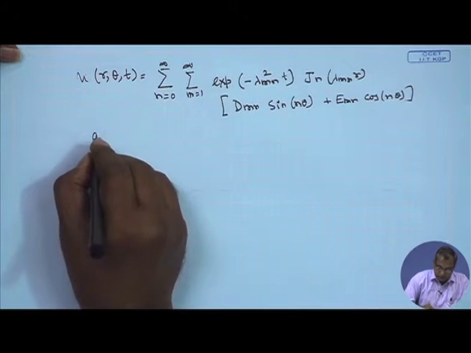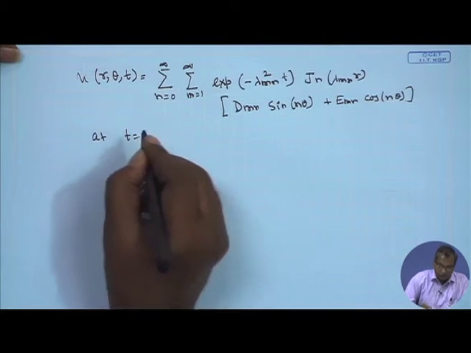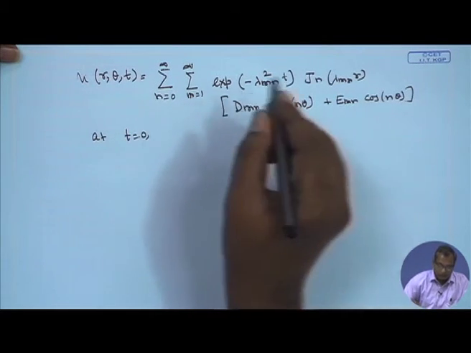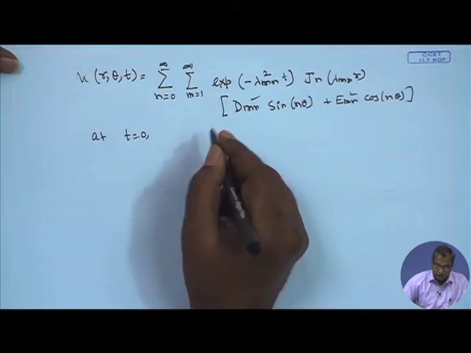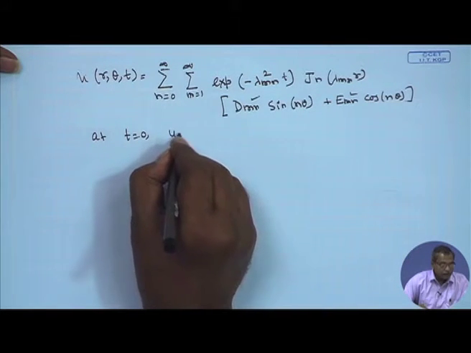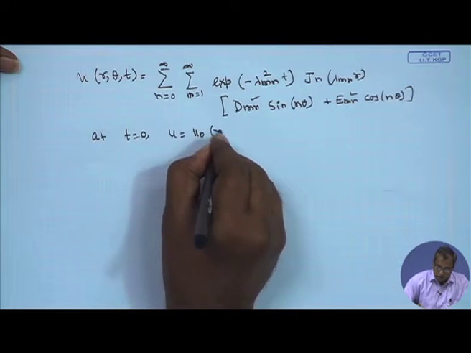Now, these two constants D m n and E m n will be evaluated from the initial condition at t is equal to 0, u is equal to u0(r, theta).